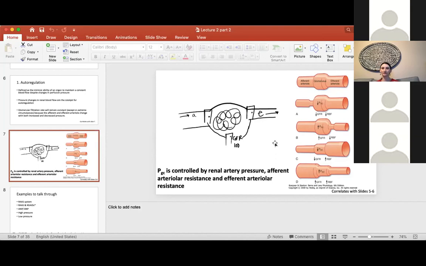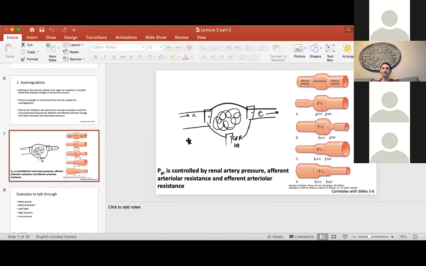If we open the front door wide open, we let in a bunch of people. Now, if we close the back door or keep it almost closed, people who want to exit can only exit through the side door. So our GFR is going to be increased because more people are going out the side door.